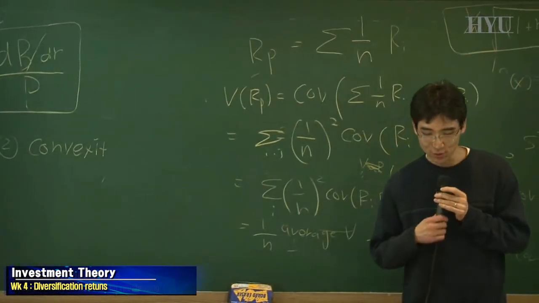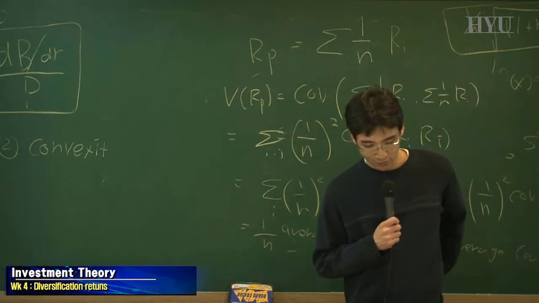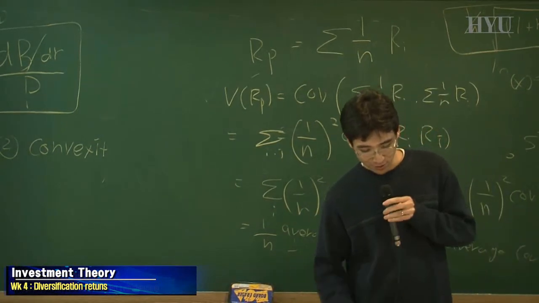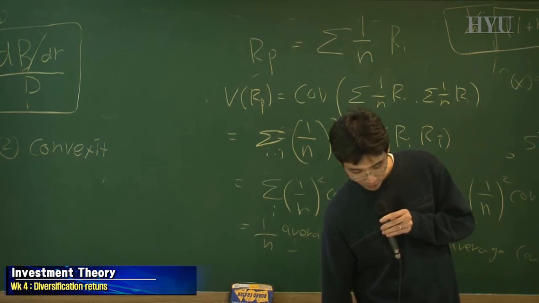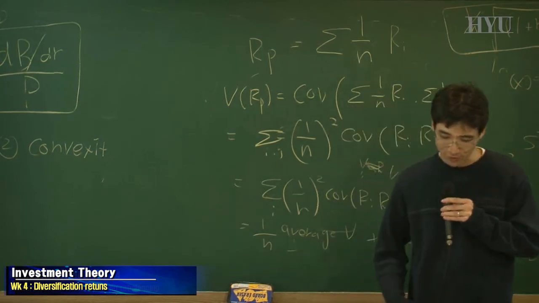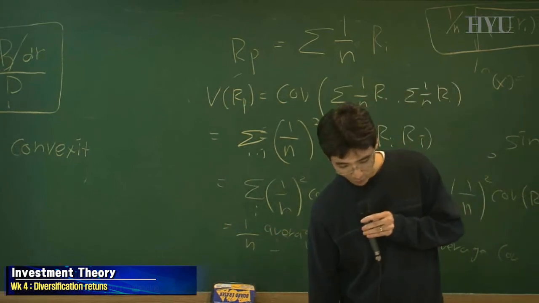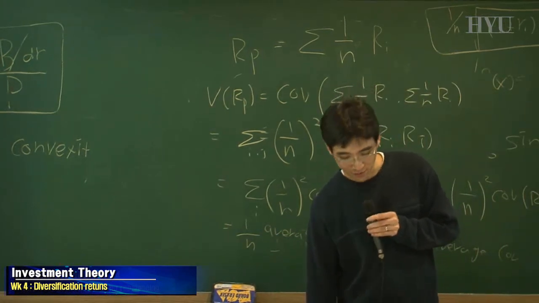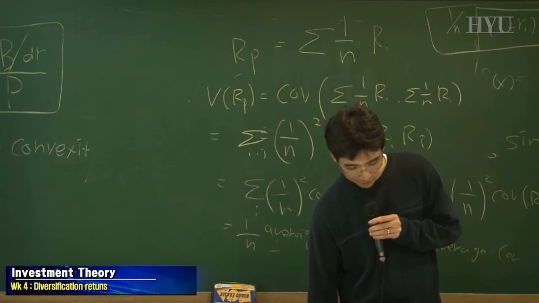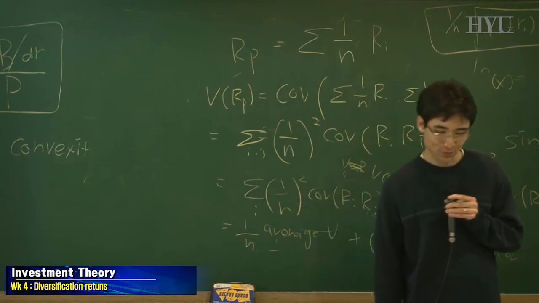And for an equally weighted portfolio, the diversification return is simply the variance reduction divided by 2, okay? The variance reduction is the weighted average asset variance minus the portfolio variance, divided by 2. Sorry, I have to divide this part by 2.